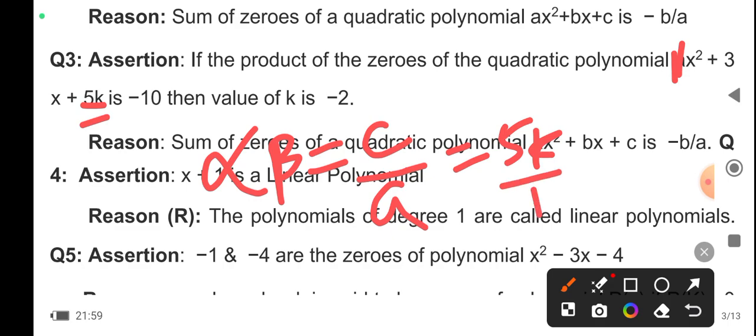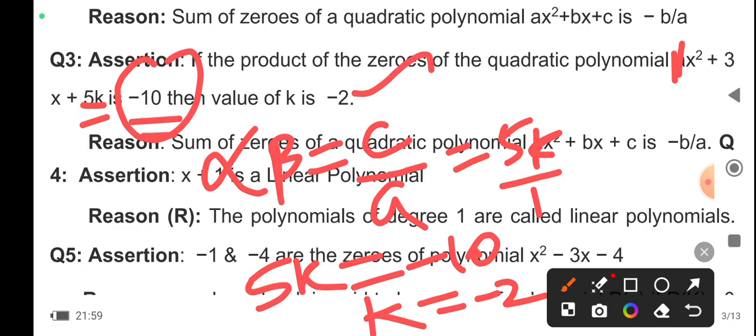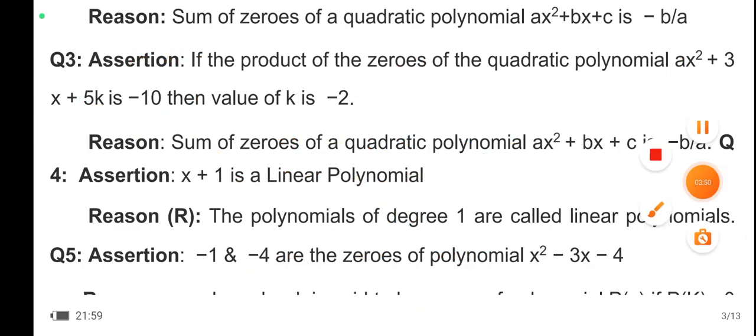So the quadratic polynomial is x square plus 3x plus 5k. The answer they have given is minus 10, so 5k is minus 10, so k is minus 2. Yes, correct. So the assertion is correct.